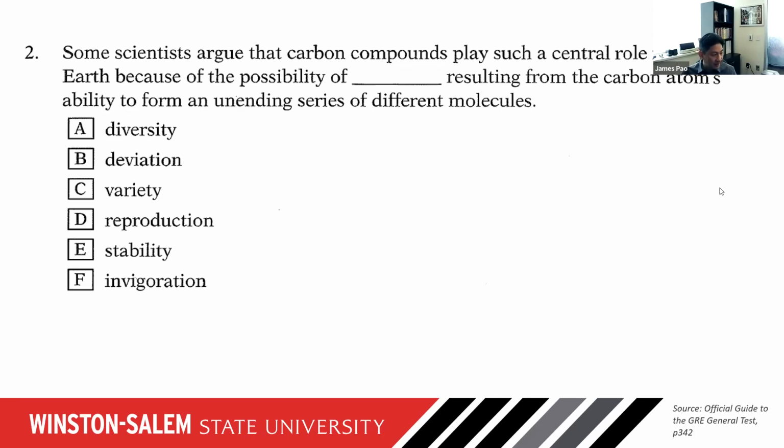Yes, that is correct. And how did you get that? Tell me your thought process. I was looking at how it said resulting from the carbon atom's ability to form an unending series of different molecules, and diversity is like different things, and variety also means different. It's the same kind of meaning, and it makes sense in the sentence. Yes. And again, look at the meaning of the sentence.